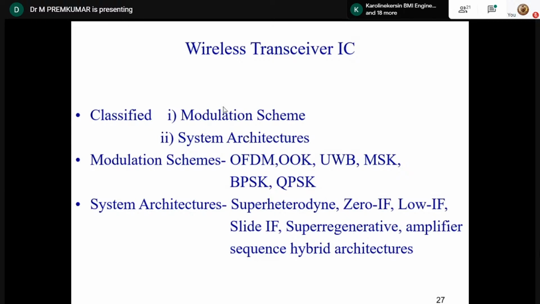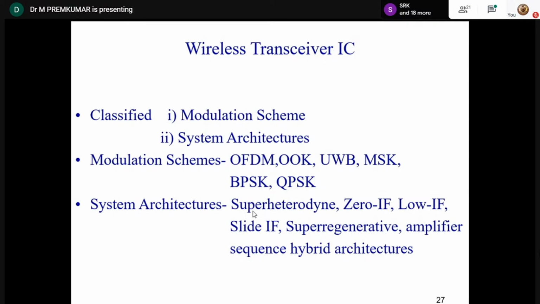So, wireless transceiver ICs. You can contribute either in the modulation scheme, or you can contribute in system architectures. These are the modulation schemes which we are all aware of, which are used nowadays in fifth generation wireless systems, or the forthcoming sixth generation wireless systems. You can develop various system architectures.